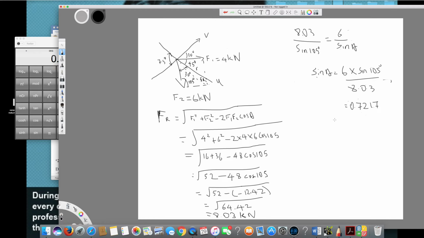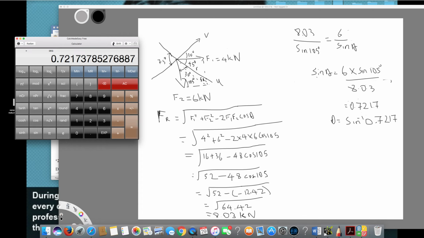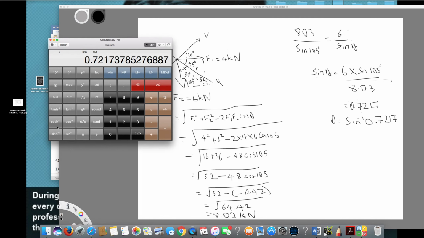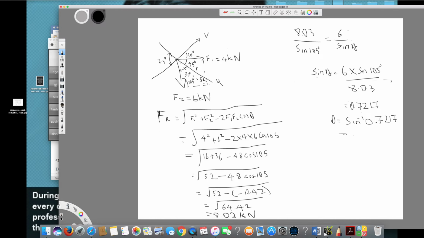So we have found this. We have to find the sine inverse. Theta is equal to sine inverse of 0.7217, right? Let's find it out. Shift sine inverse. So it's going to be 46.2 degrees.